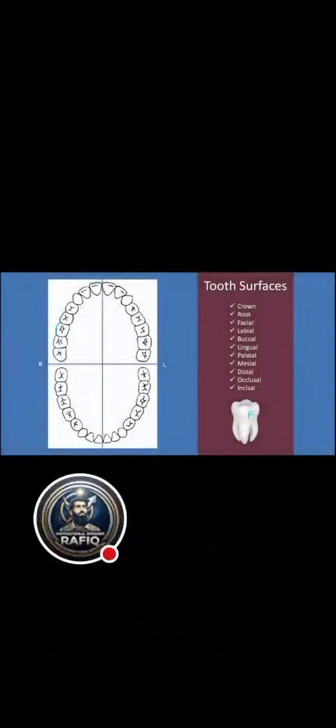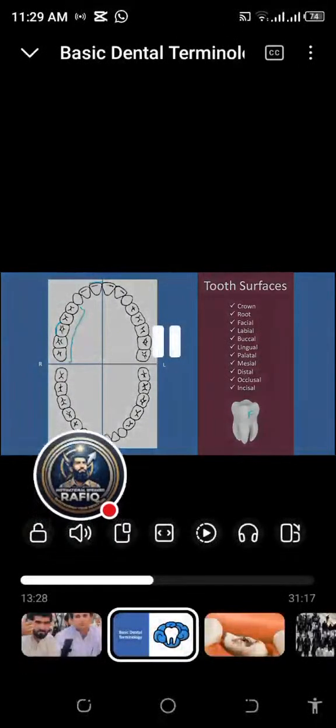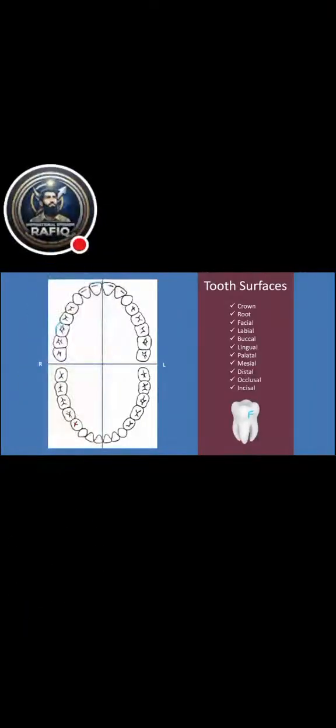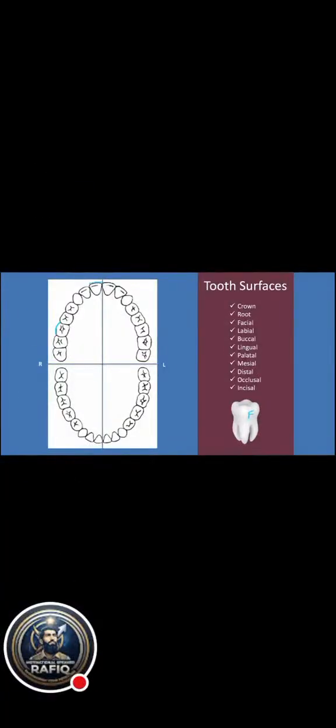If you're talking about the back teeth or the posterior teeth, that includes the premolars and the molars, the facial surface can also be called the buccal surface, which is another name for the cheeks because those surfaces are adjacent to the cheeks. The back surface of the tooth is called the lingual surface.